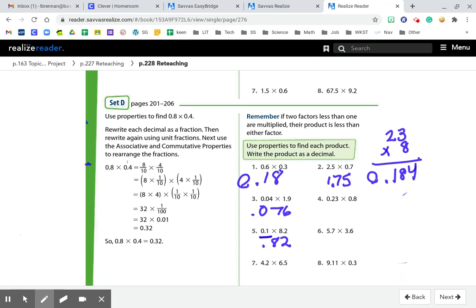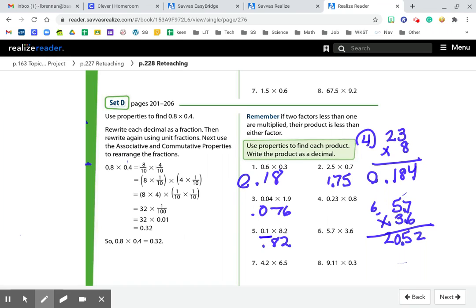That'd be number 4. Number 6, 57 times 36. When you do out the math, you wind up with 2052, and we had 2 digits in decimal place value in the problem, 2 in the answer.